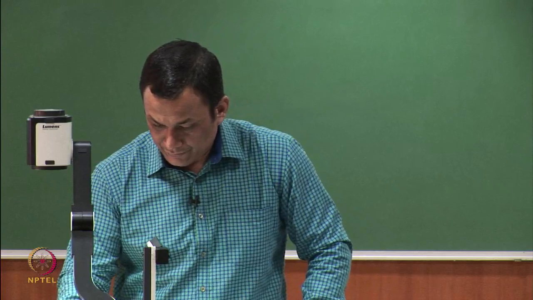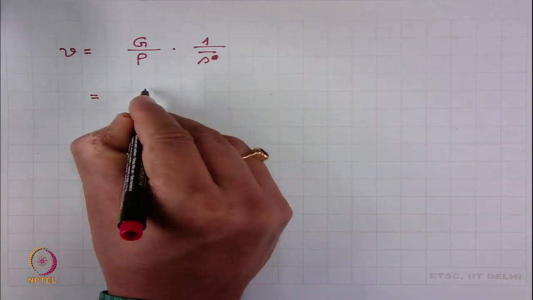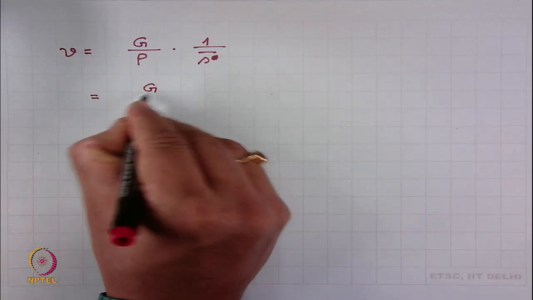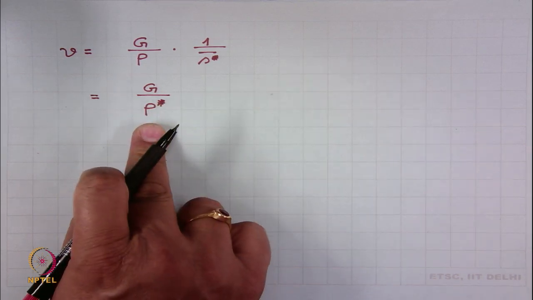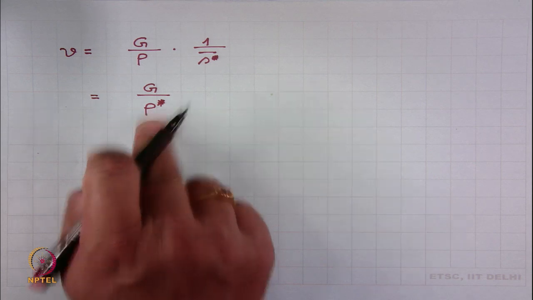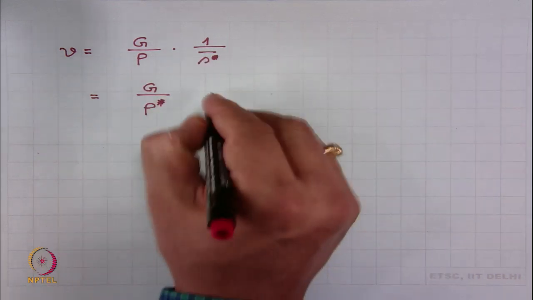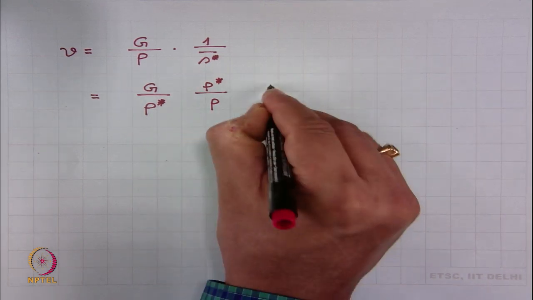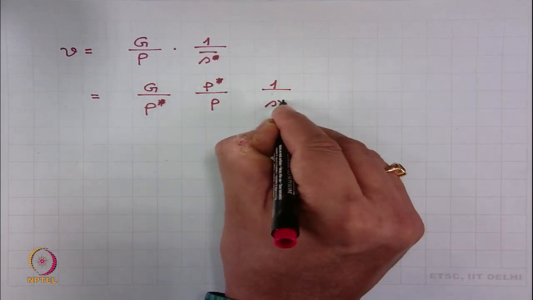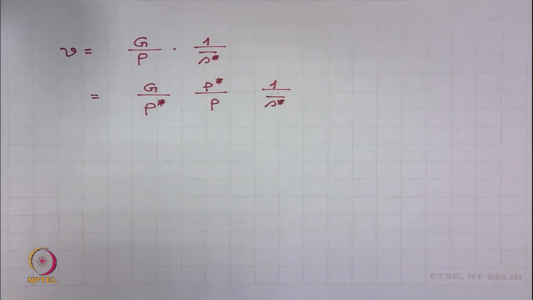So, we write this, the density of the material rho star, and the density of fiber is rho, so rho star by rho into 1 by S star bar.